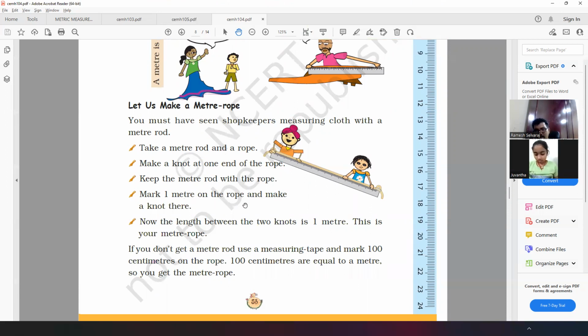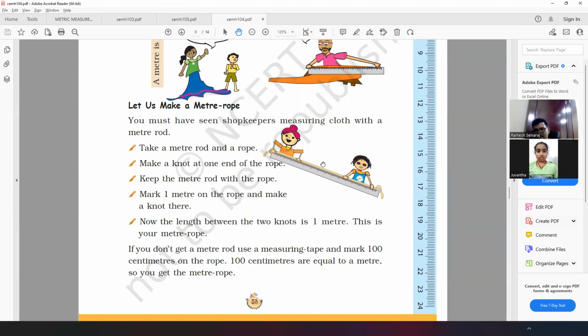Make mark 1 meter on the rope and make a knot there. Like one end you start one knot, and after 1 meter you make one knot. Now the length between the two knots is 1 meter. This is your meter rope. If you want to make a meter rope, you can do this procedure.